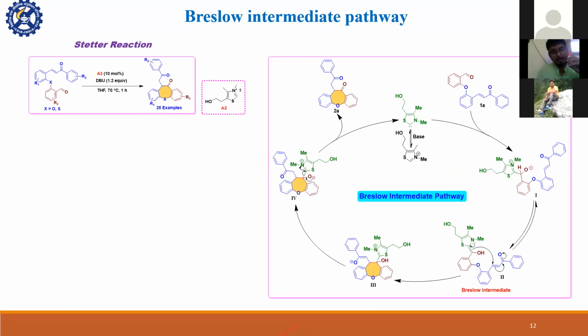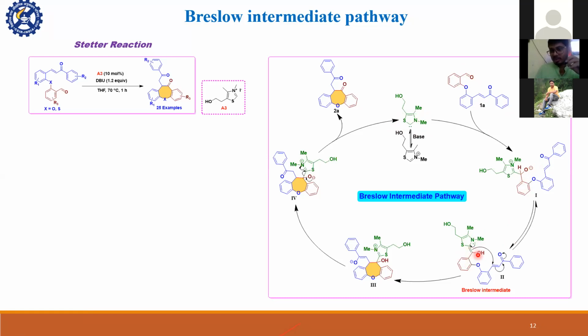Actually, this reacts with base, and the carbene is formed in situ in the reaction, and basically this carbene is nucleophilic in nature, so it will react with the aldehyde, and after reacting with this one, this anion again abstracts this proton and forms this type of intermediate.